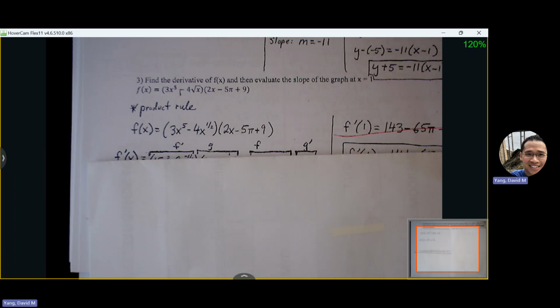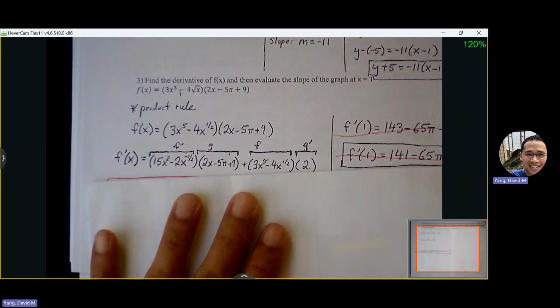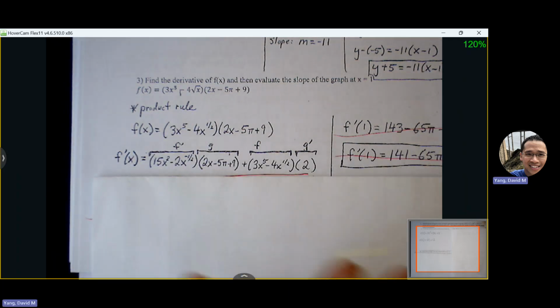Remember, pi is just a number, so 5 pi's derivative is just going to be 0, right? Okay, so here's my F prime times G plus F G prime.